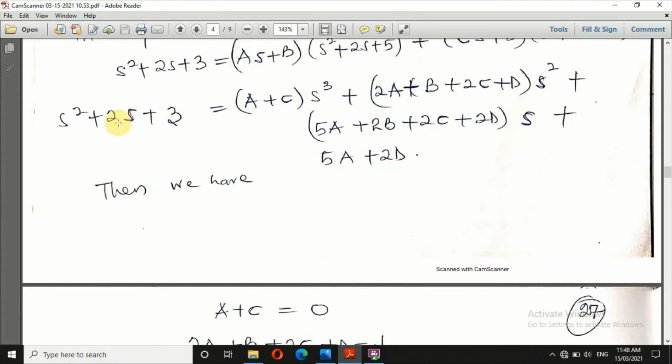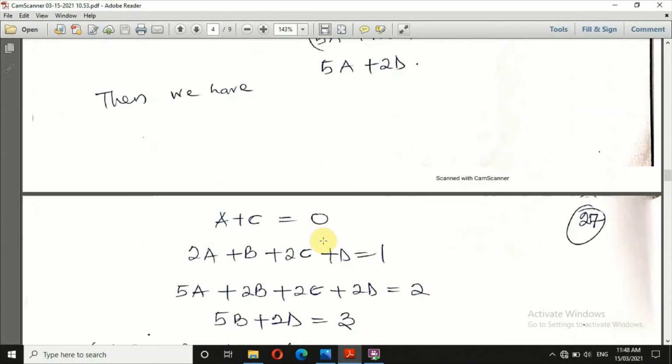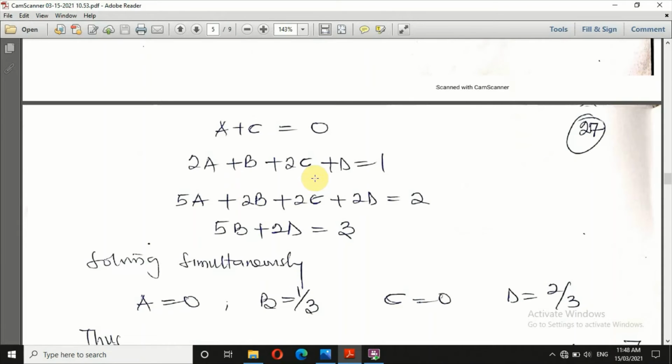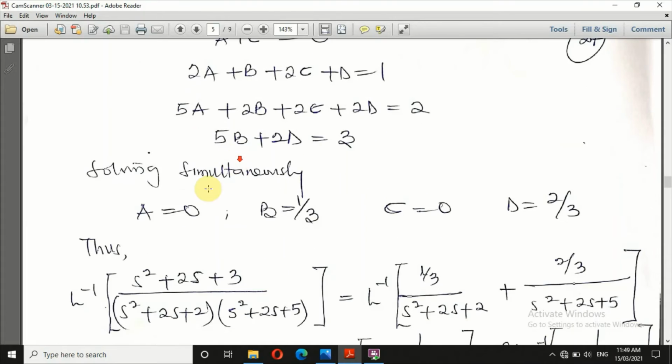And for x squared, you equate to 1, because x squared is equal to this. We are comparing the coefficients. For 3, you compare with it. That is how we obtain these 4 equations on page 27. Our advice, if you have a calculator or you know how to solve this simultaneously, is that what you have is 0, 1 over 3, 0, and 2 over 3.